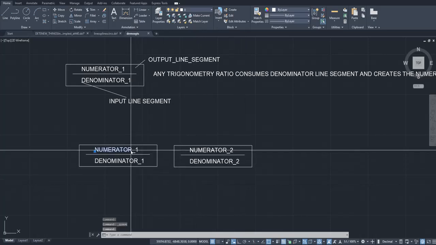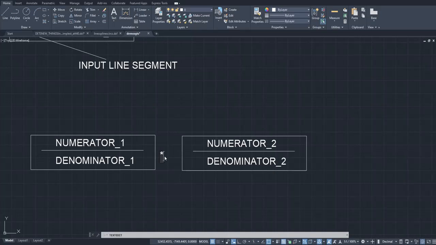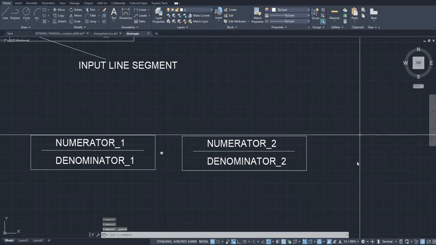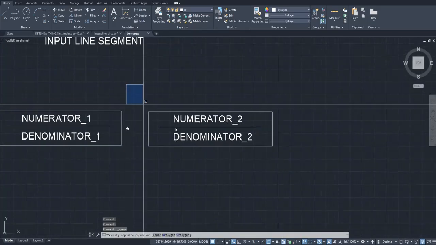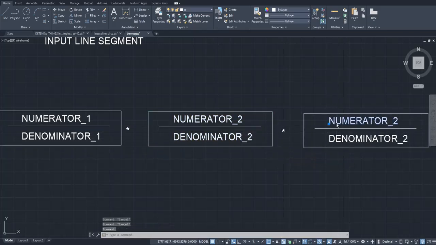This triangle gluing is an interesting subject called the gluing of triangles. In this way we can think that several other numerators and denominators are multiplied.